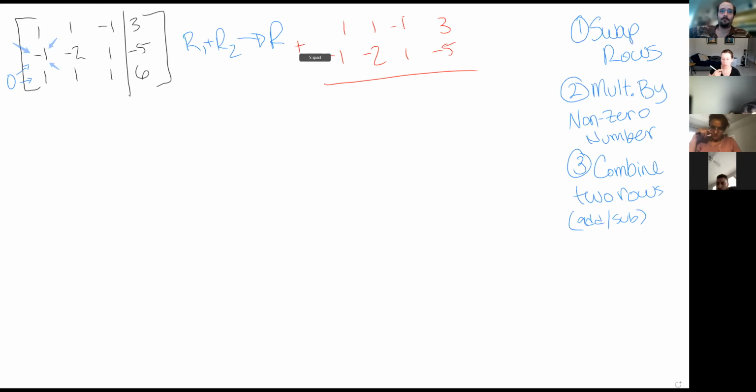I'm following the rule I wrote. I'm adding the rows. 0, -1, 0, and -2. Now that result, as I said a second ago, is going to go in row 2. Although somehow my 2 got erased, so I'll write it again. It's going to go in row 2.